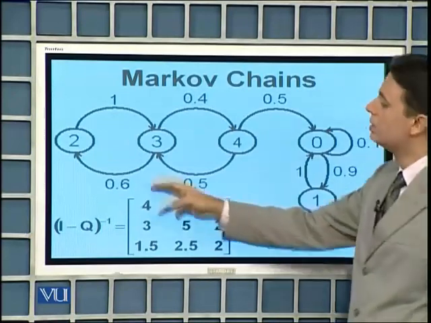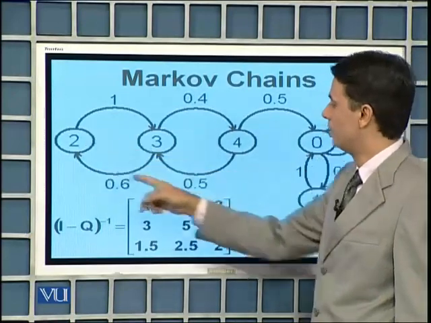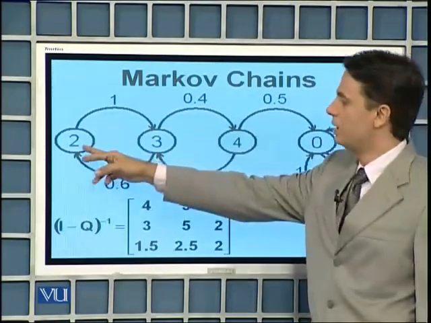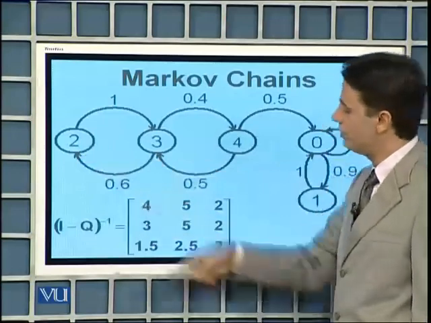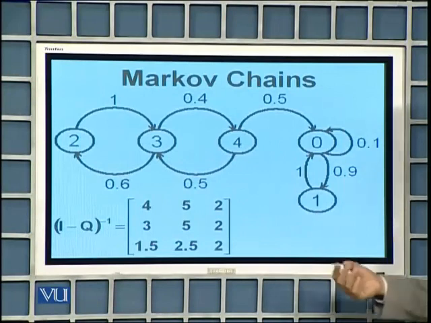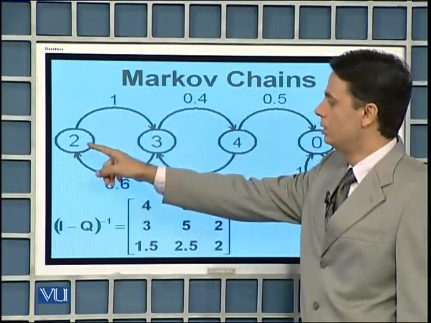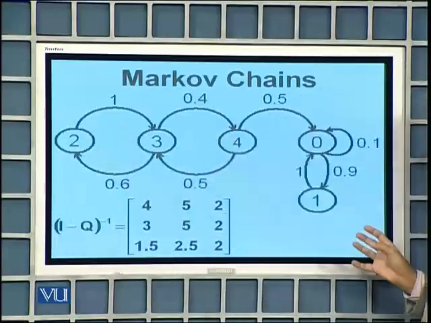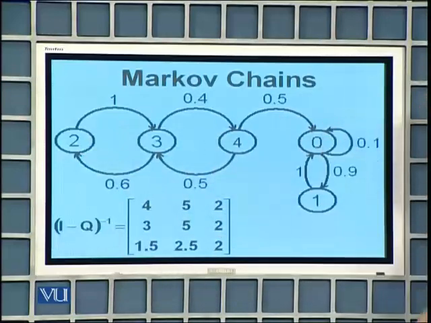The first state in this group of transient states is this state labeled 2. So this 4 represents the average number of visits to state 2 while starting from state 2 before this Markov chain gets absorbed in this recurrent subclass.